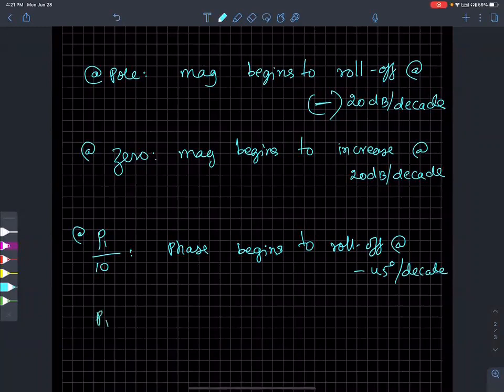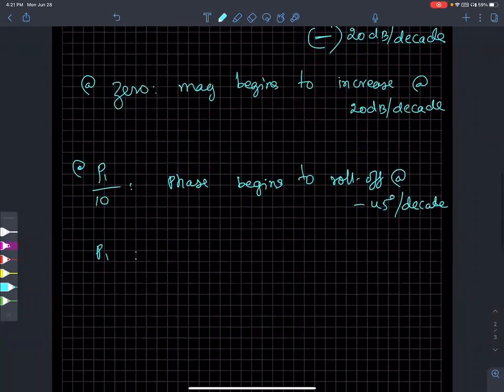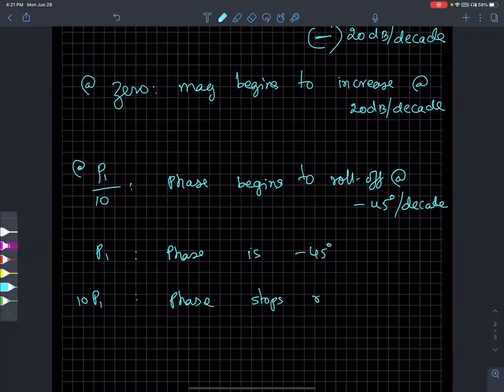At P1, you have passed one decade, so phase is 45 degrees below where it started. And it continues to roll off. At P1 times 10, the phase stops rolling off. Until then it continues to roll off at negative 45 degrees per decade.